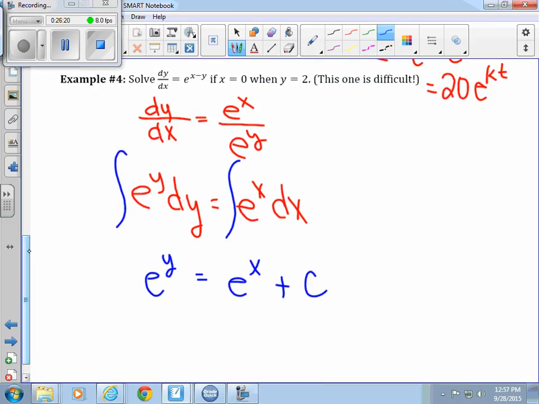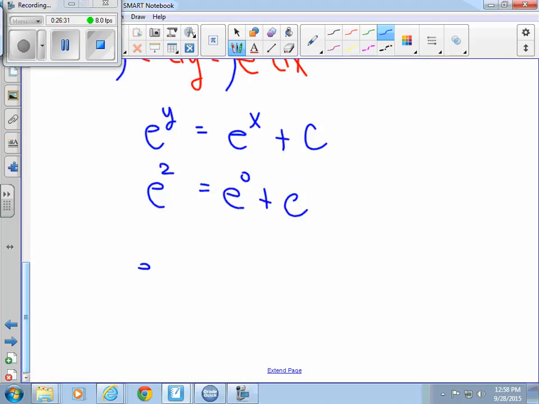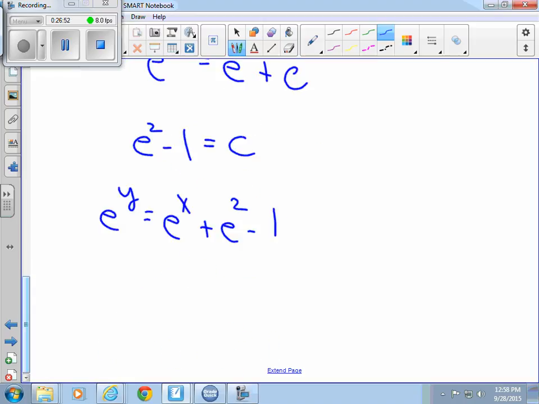Okay. So when x is 0, y is 2. What's anything to the 0 power? So e squared minus 1 is c. So my equation is e to the y equals e to the x plus e squared minus 1.